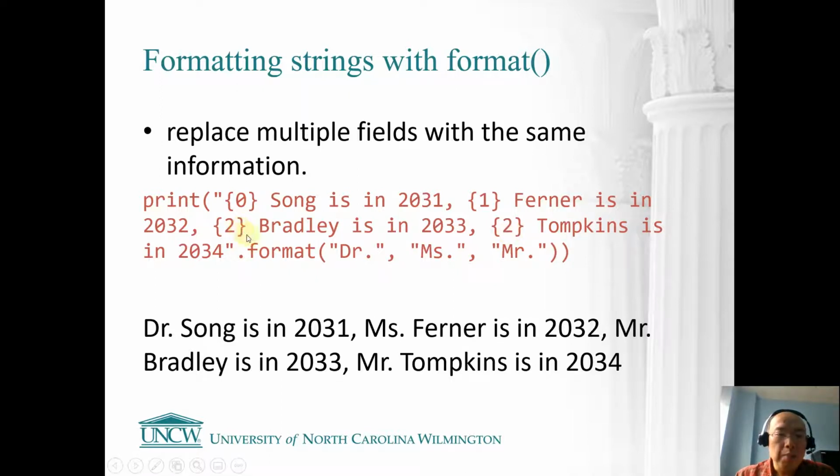Because Mr. Bradley and Mr. Tompkins, they have the same title, that is Mr. So even though there are 4 placeholders, I'm only backfilling in 3 values. And for 2 placeholders, they are using the same value, Mr. So this is another way that we can make our code a little bit shorter.